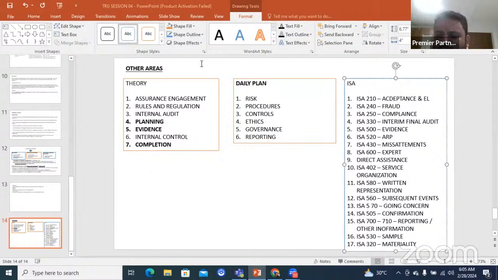ISA 535, is there any standard ISA 535, Marzuk? ISA 530 is sample.